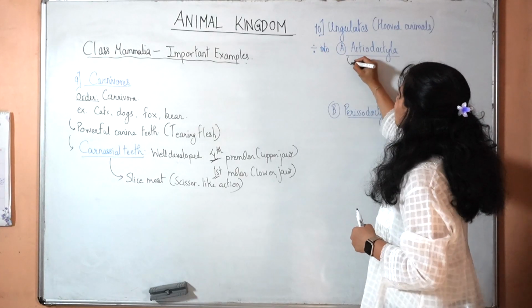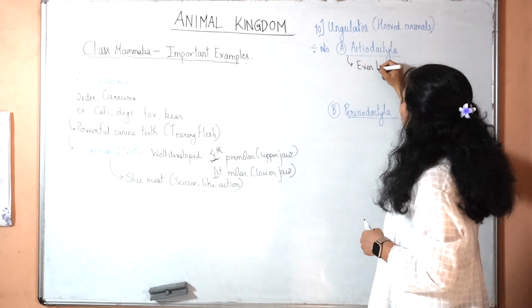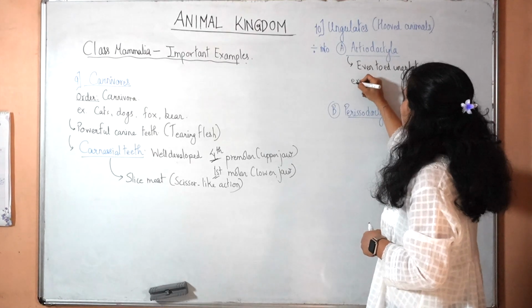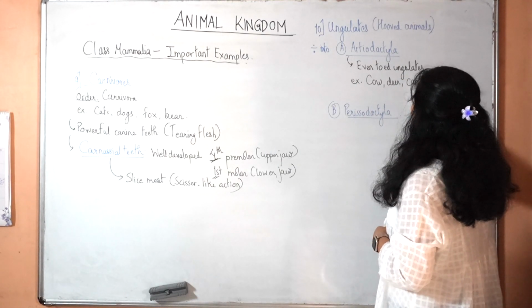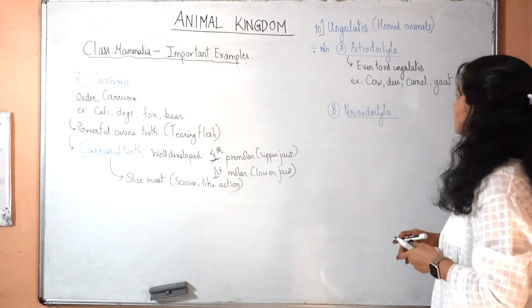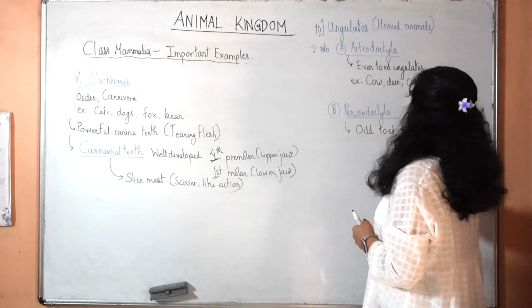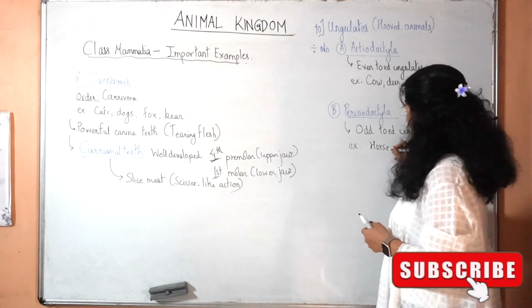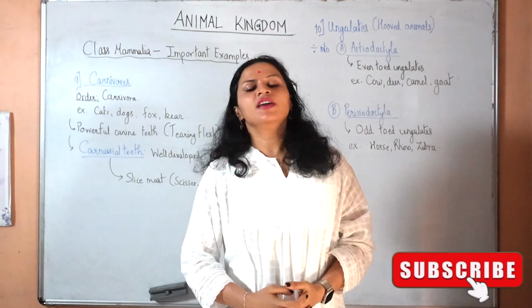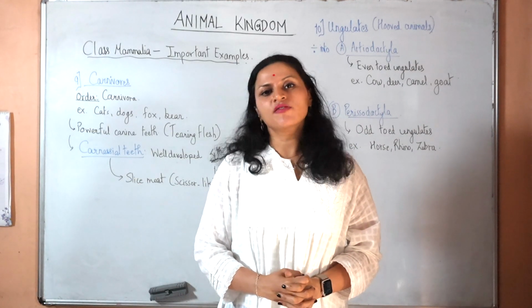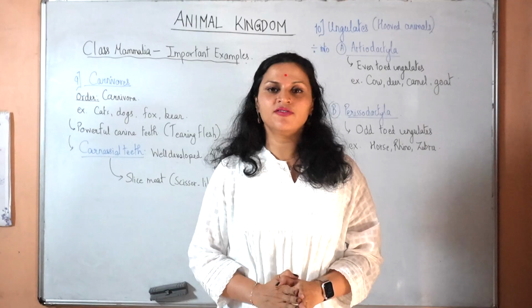The Artiodactyla comprises even-toed ungulates, which include cow, deer, camel, goat, and the Perissodactyla are odd-toed ungulates. Example, horse, rhino, zebra.